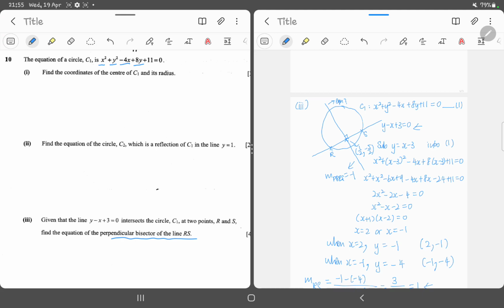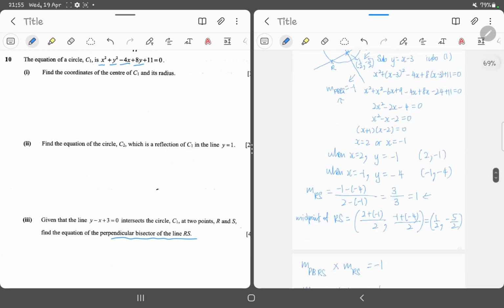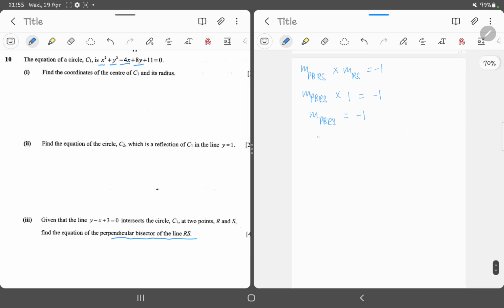So using these two information, because the perpendicular bisector cuts through this point over here and it has gradient minus 1, we can take y minus 5 over 2 over x minus 1 over 2 equals to minus 1.